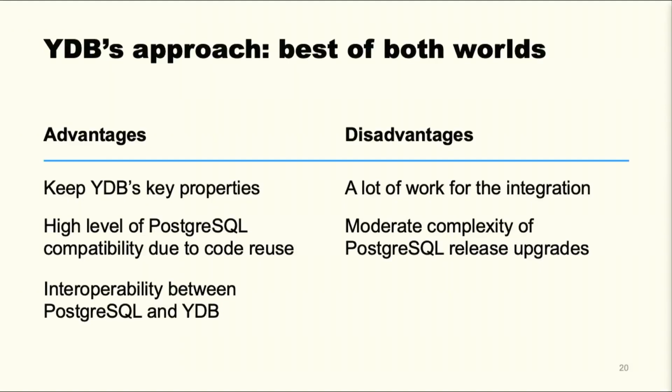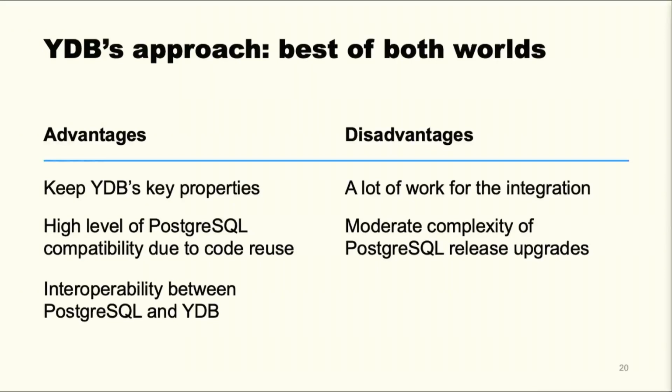The whole project was quite a lot of work to integrate all these pieces together and figure out the best way to do it, and research around it, and upgrading to each upcoming Postgres release is kind of in between of previous approaches we discussed.